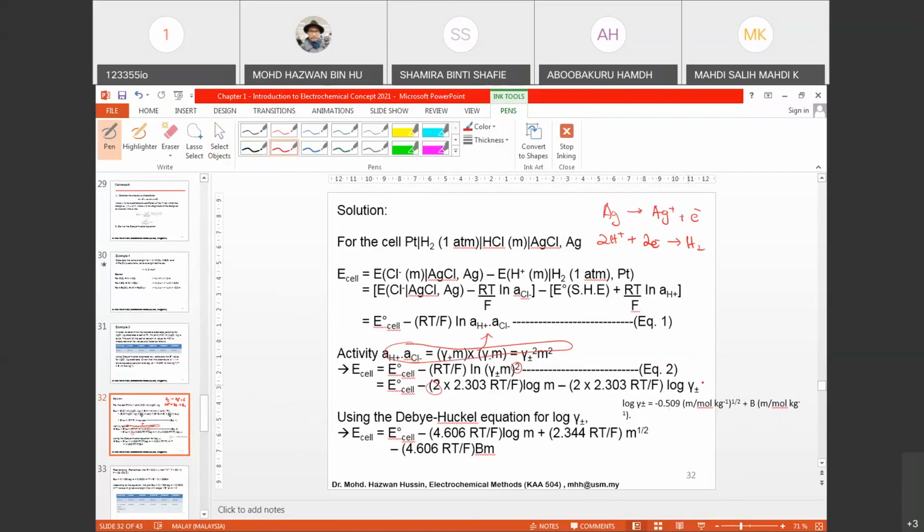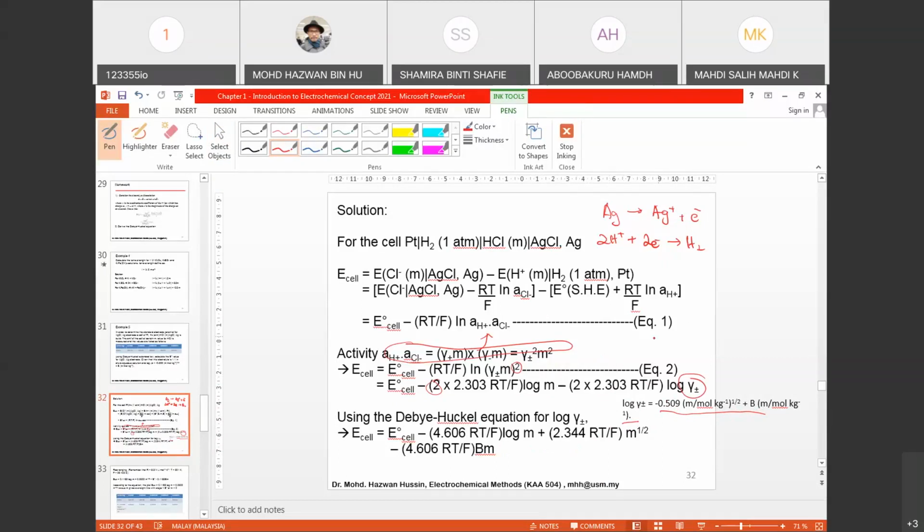So when you substitute this whole thing into here, what's going to happen is you have two sets of notation. You have the form of B as well, Bm, where m is the concentration. Due to that, you have to multiply, and you can actually split it into two.